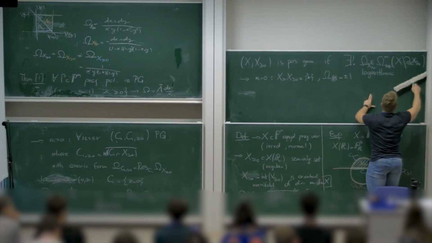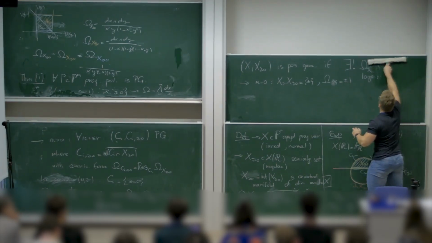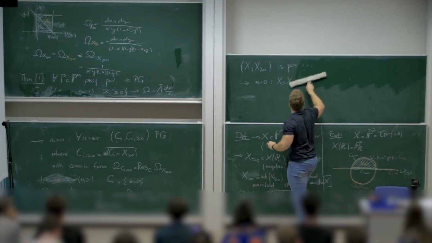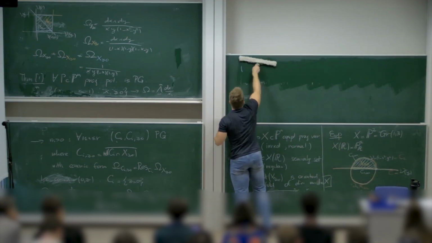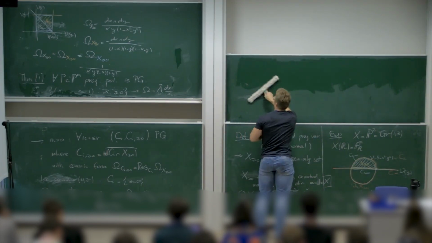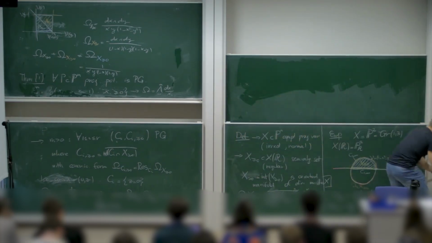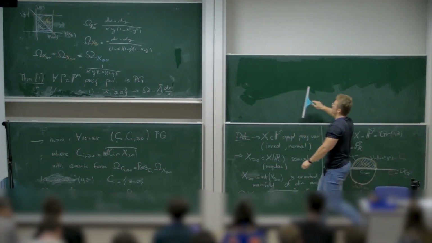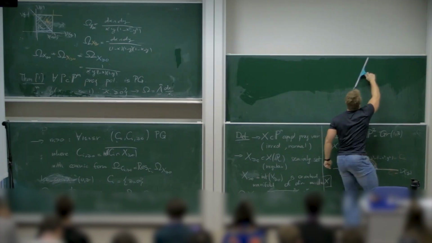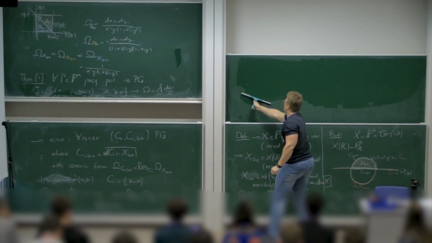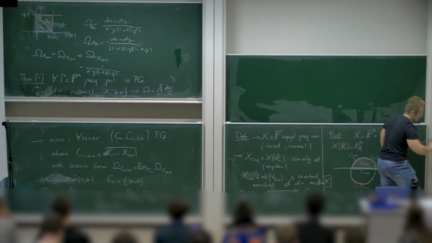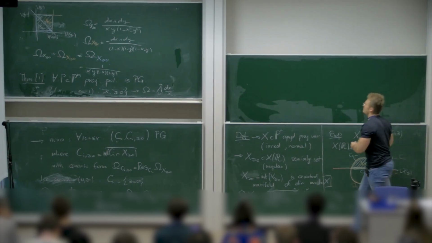How does your form look in the end, once you put all the terms together in some sense? And there is a nice way of writing down the form, and it is the following.